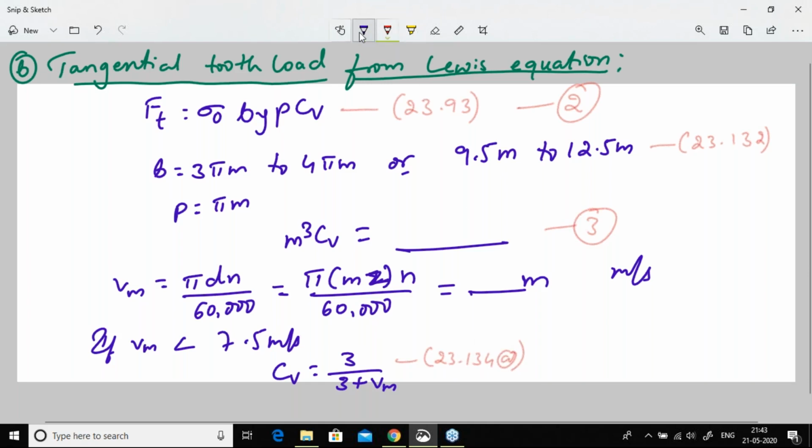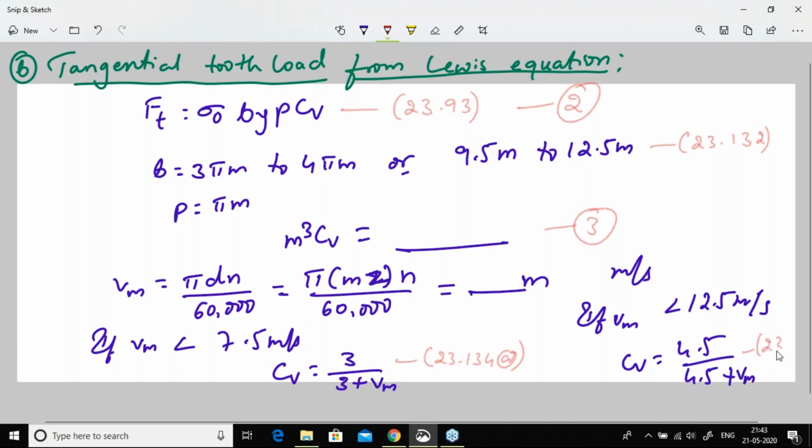Similarly, if Vm is more than 7.5 and less than 12.5 meter per second, at that time we have the Cv equation as Cv equals 4.5 divided by 4.5 plus Vm. So that is equation number 23.135a.